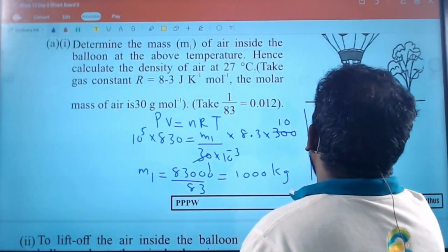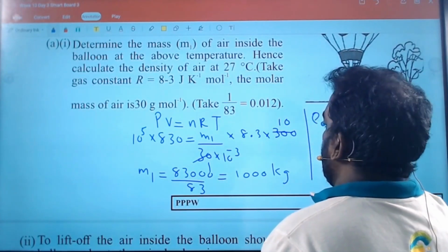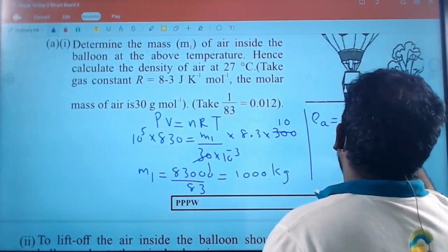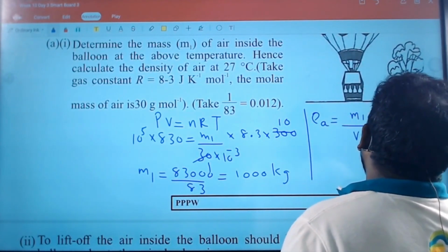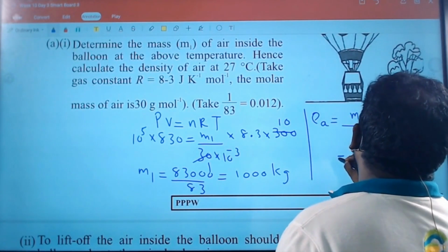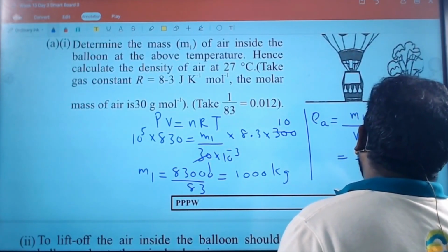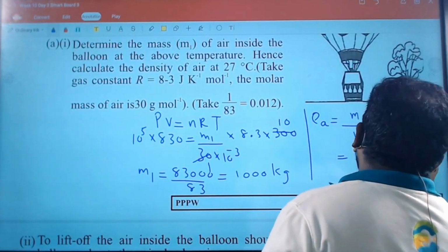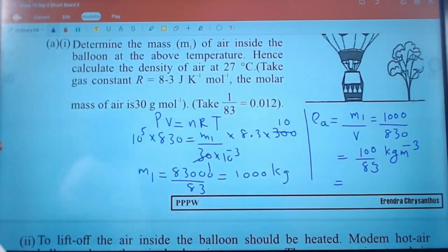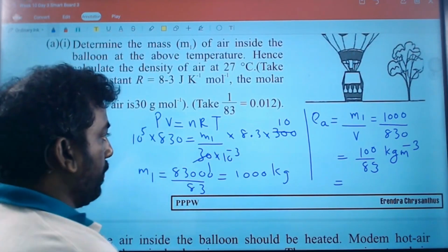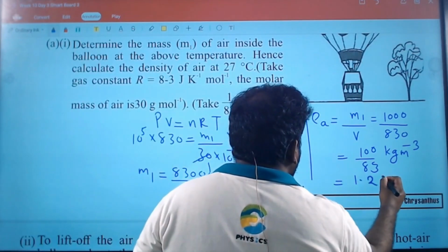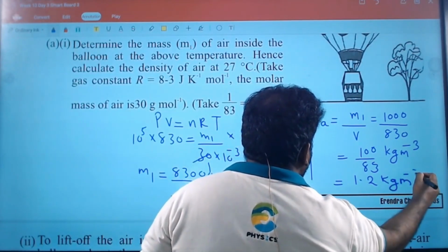So density of air is equal to mass over volume, 1000 divided by 830. 100 over 83 kilogram per meter cube. But here you must at least keep 1 decimal place, 1.2 kilogram per meter cube.